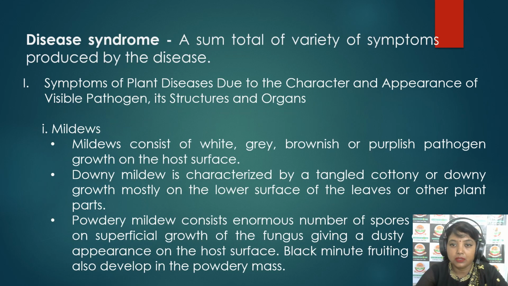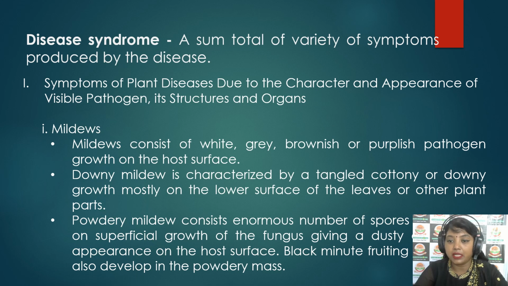Disease syndrome is the sum total of the variety of symptoms produced by the disease. So what are the different symptoms of plant diseases due to the appearance of the visible pathogen or its structures and organs? The first is mildew. Mildew consists of white, grey, brownish or purplish pathogen growth on the host surface.